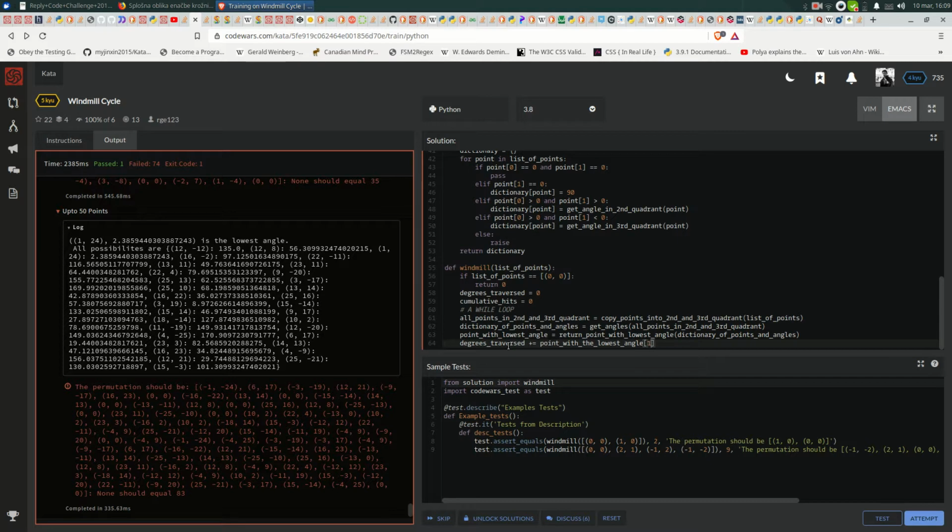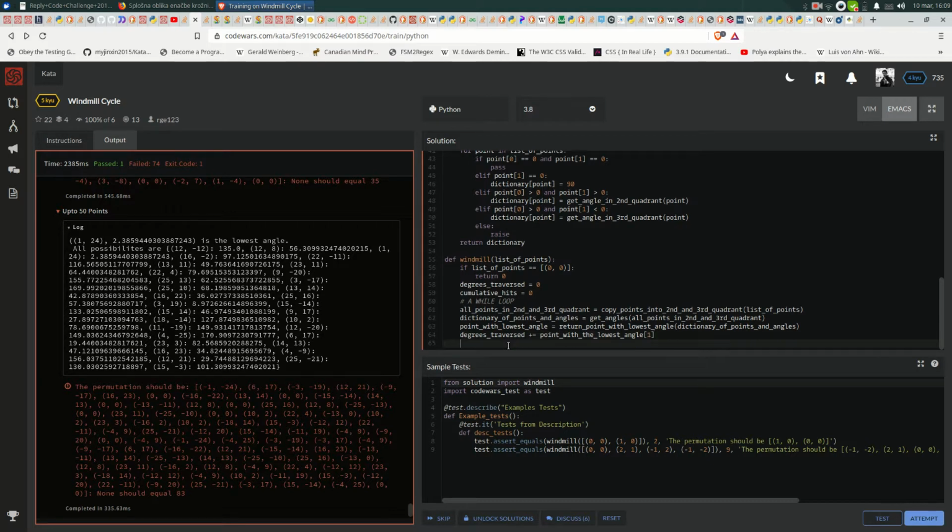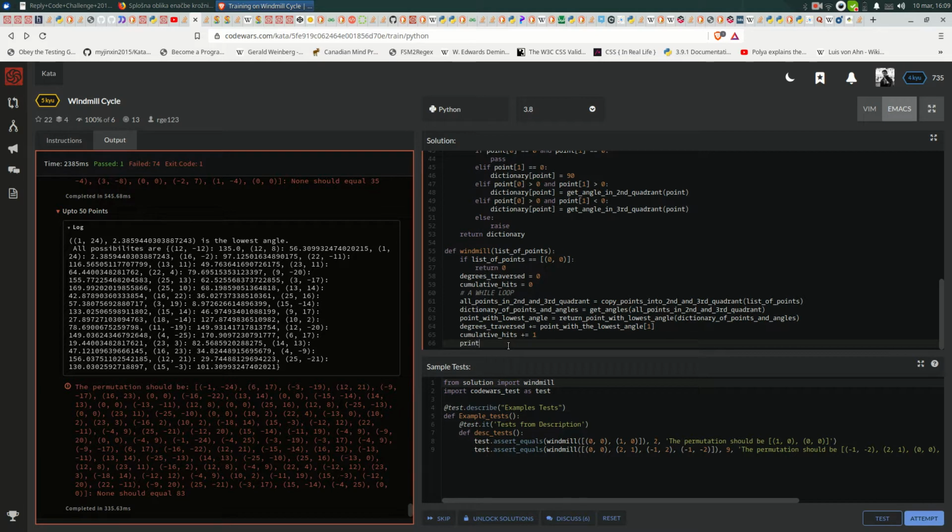We're going to get that one, and then we shall say cumulative hits plus equals 1, and then we want to just print out degrees traversed.